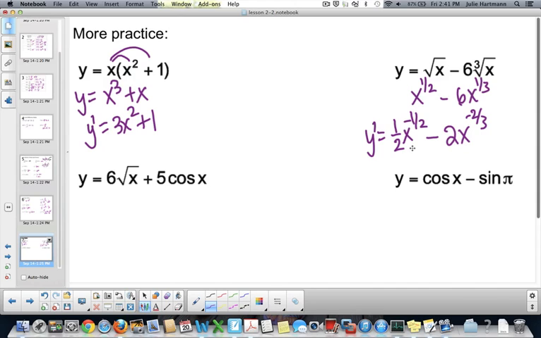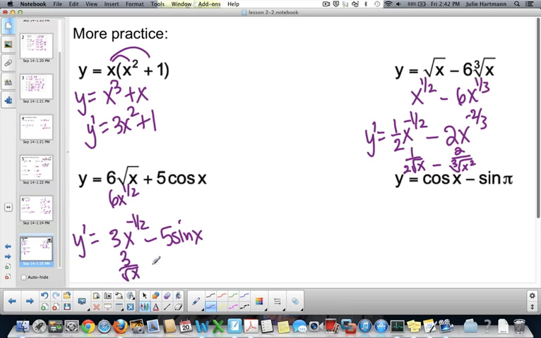Okay, so it'd be 1 over 2 root x minus 2 over cube root of x squared. Here's 6x to the 1/2, so that'll be 3x to the negative 1/2, derivative of cosine is negative sine, so minus 5 sine of x.